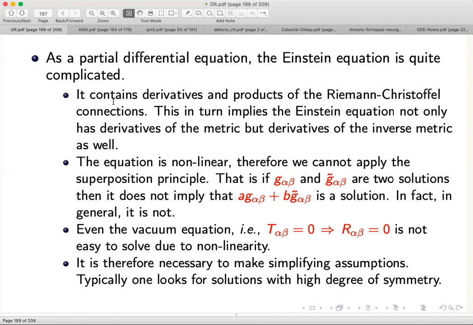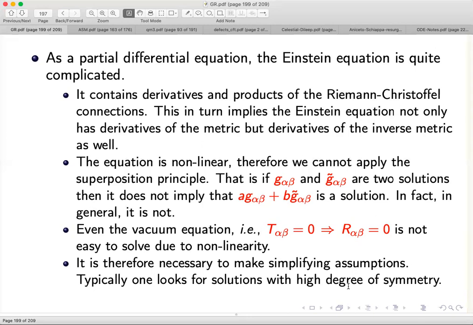This almost gives a bad publicity to the equation, but in reality we have managed to obtain a large class of solutions. Many of them do enjoy a high degree of symmetry, but there also exist other techniques that go under the name of solution generating techniques, where you trade off the Einstein equation for some other set of equations.